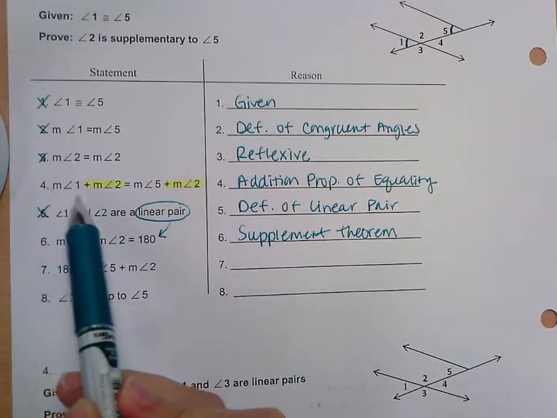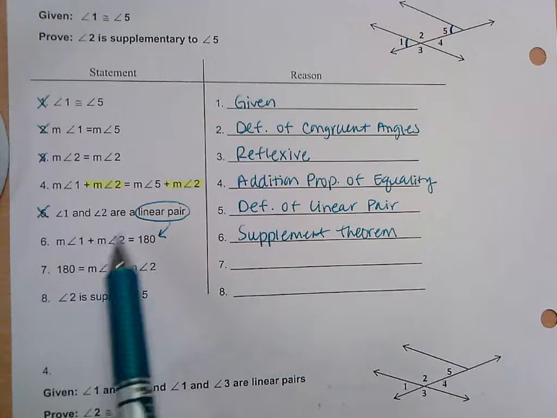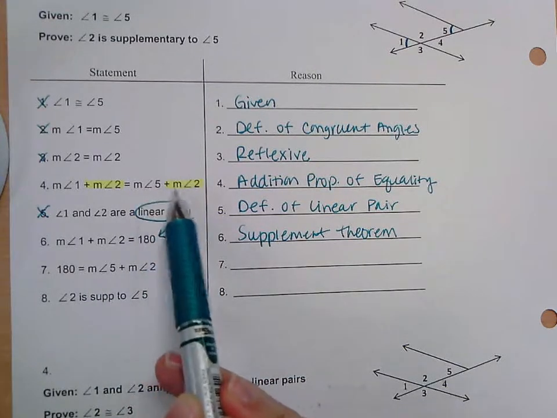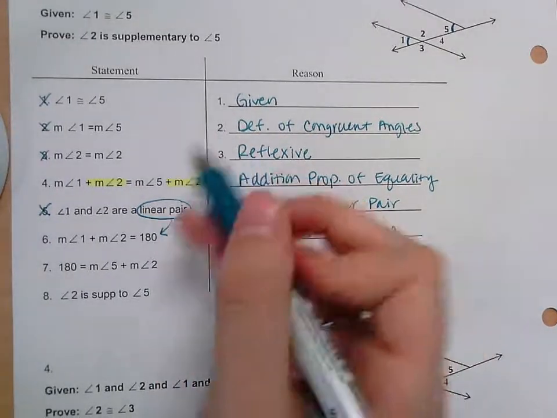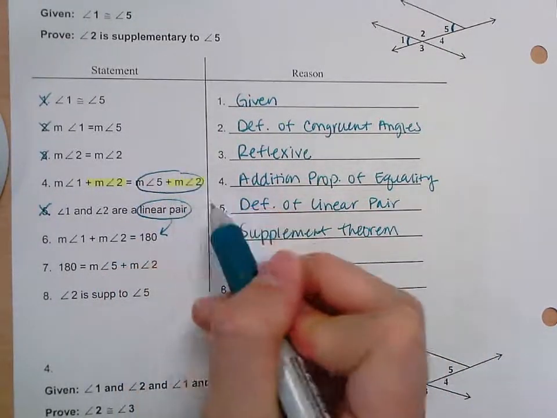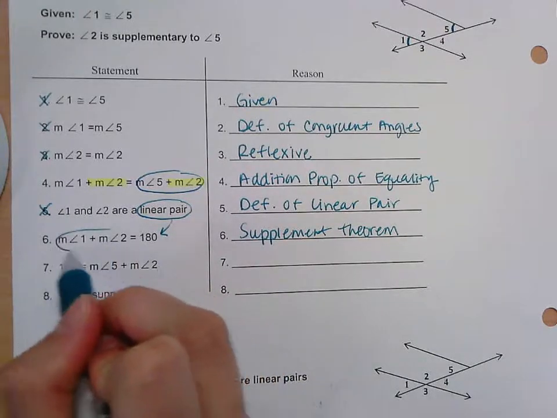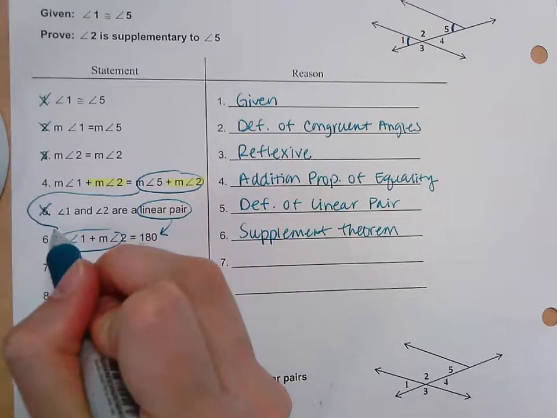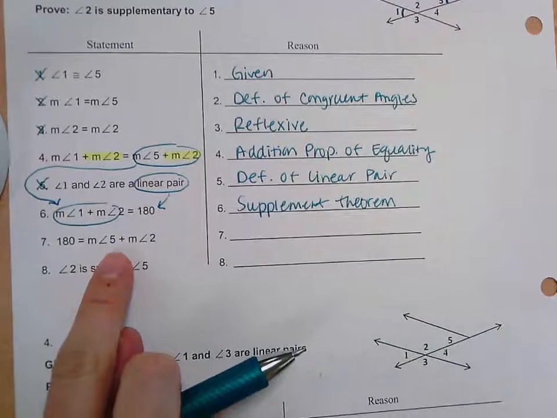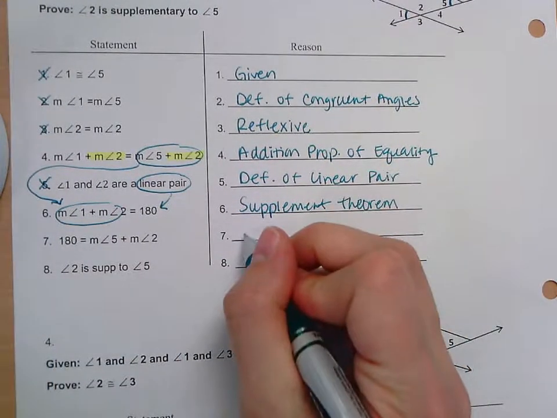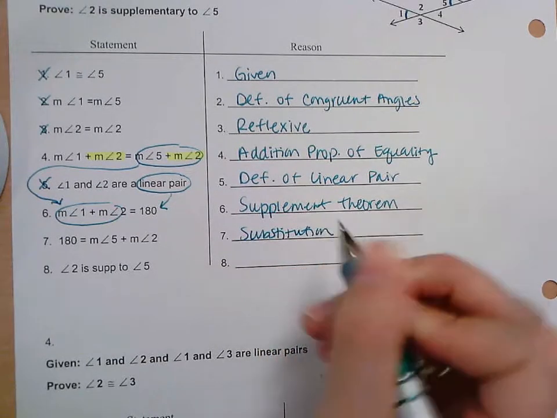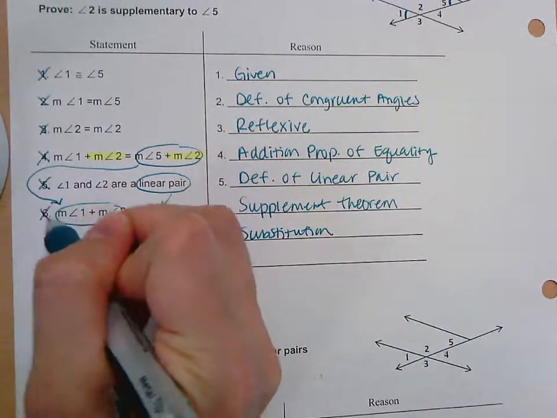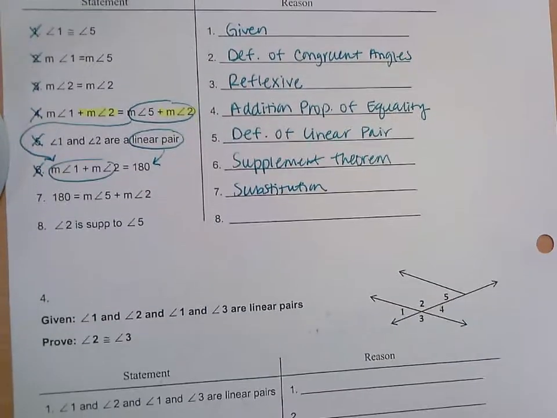The measure of angle 1 plus measure of angle 2, that's right here, is the same as the measure of angle 5 plus the measure of angle 2. So it's like I'm taking this and substituting it in for this to get this statement here. So substitution would be that reason. Okay, so that allowed me to use line 4 with line 6 to make that substitution. So now I just have line 7.